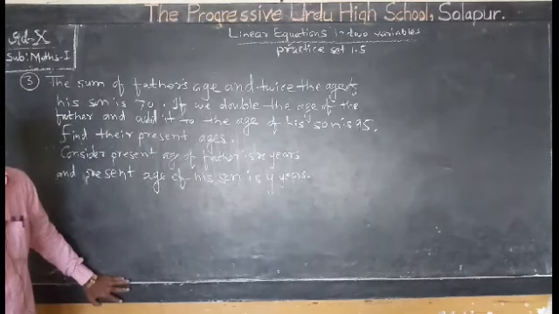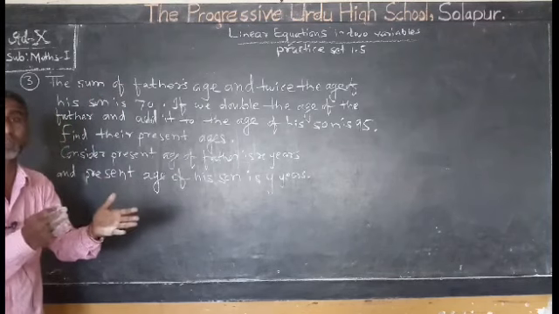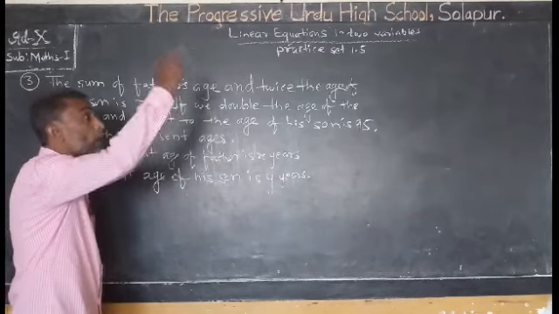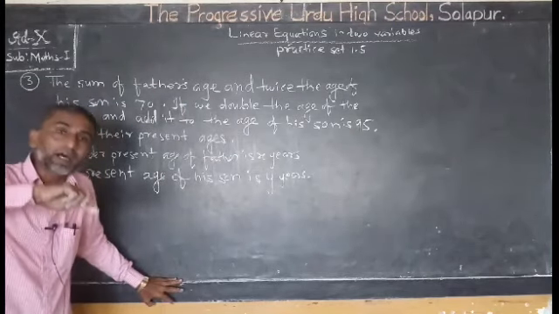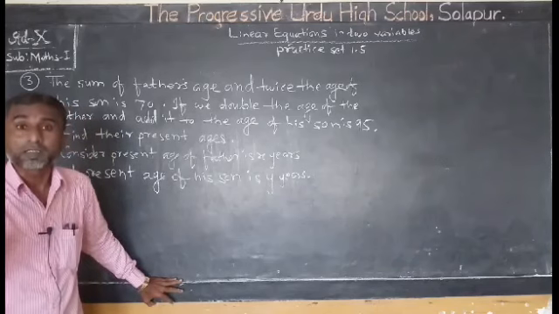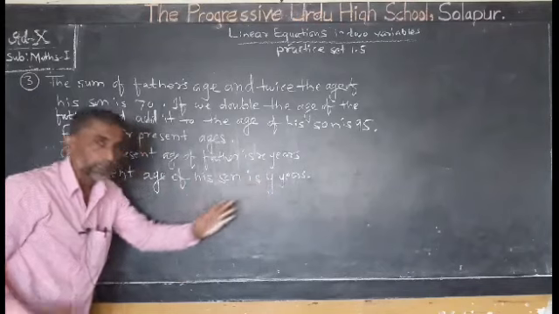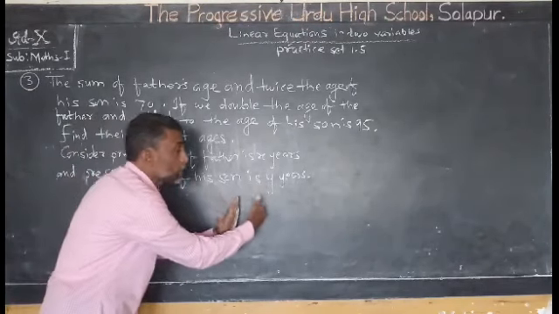Now, again read the word problem. The sum of, that means addition, we have to add the father's age and twice the age of his son. The age of son is y, so twice the age of son is 2y.